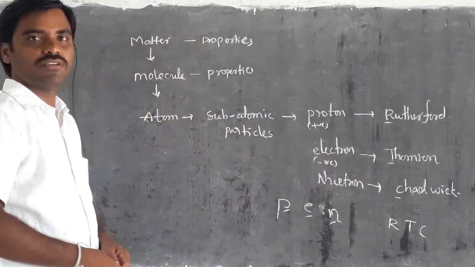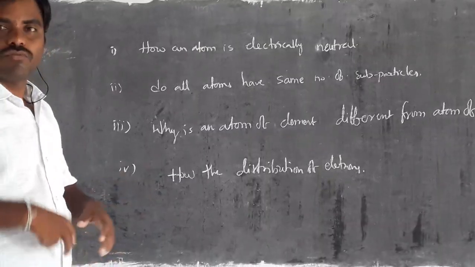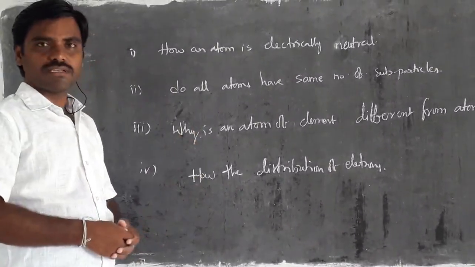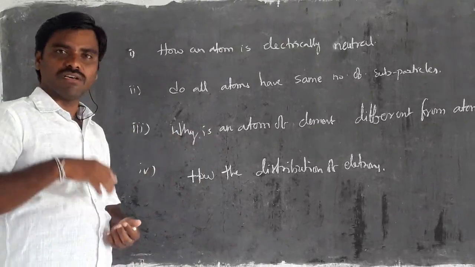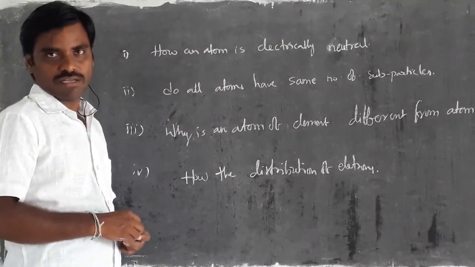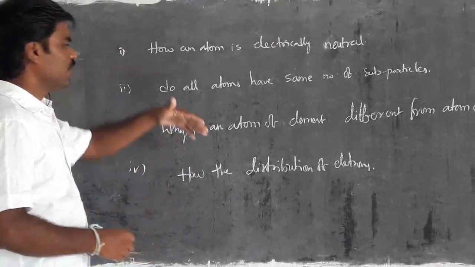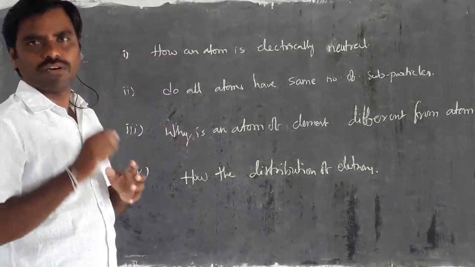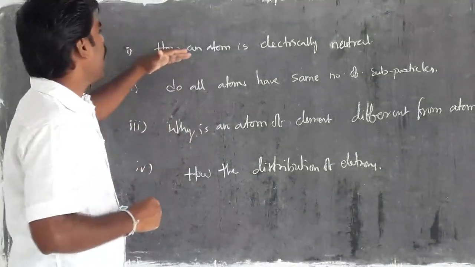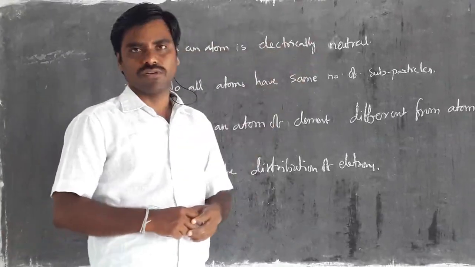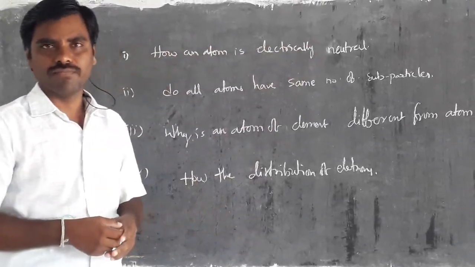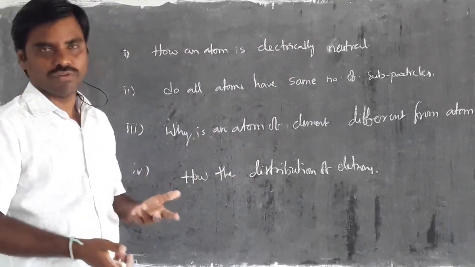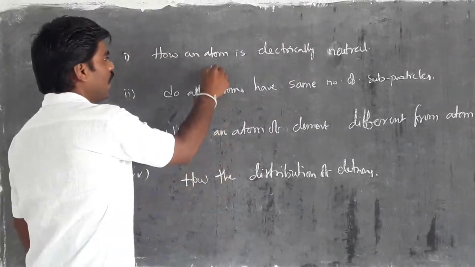Right, children? Now we have to check a few questions. Every atom has subatomic particles. Even though they have some number of subatomic particles, how is an atom electrically neutral? If you take any atom, we simply call it electrically neutral. How is it possible?